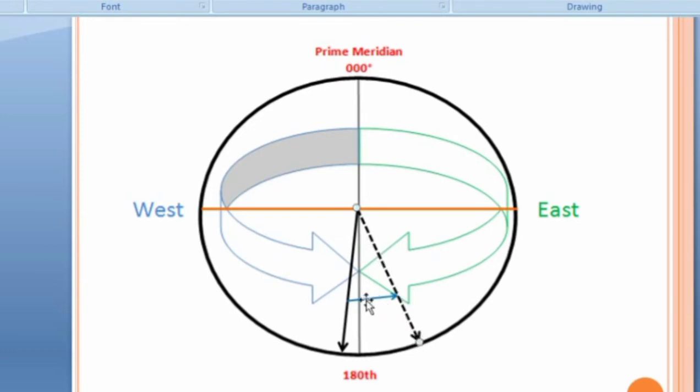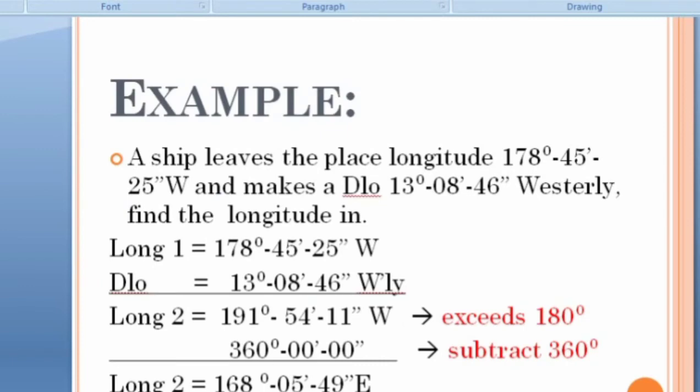So we are already on the opposite side, since this difference of longitude is, am I correct? No, sorry, 13 degrees 08 minutes 46 seconds. Alright.